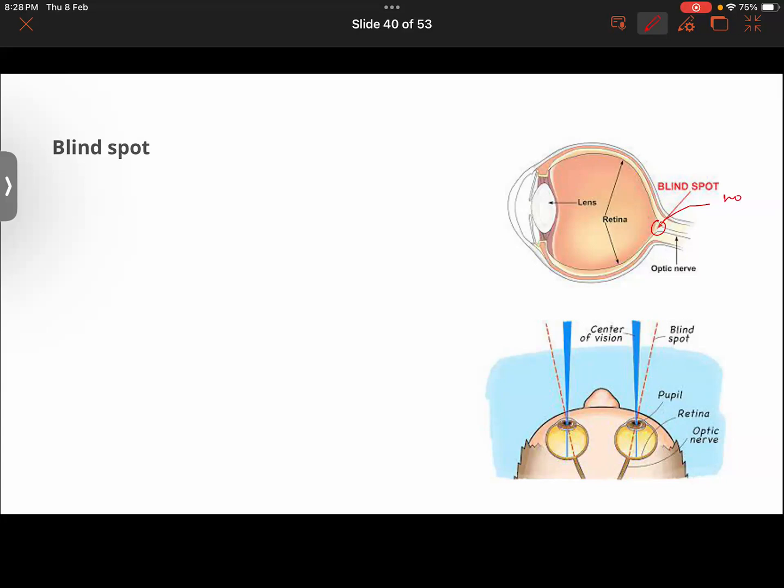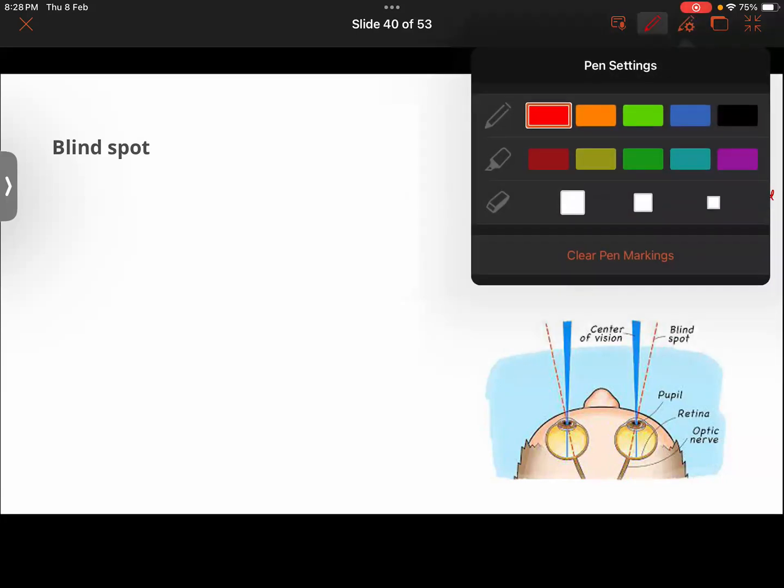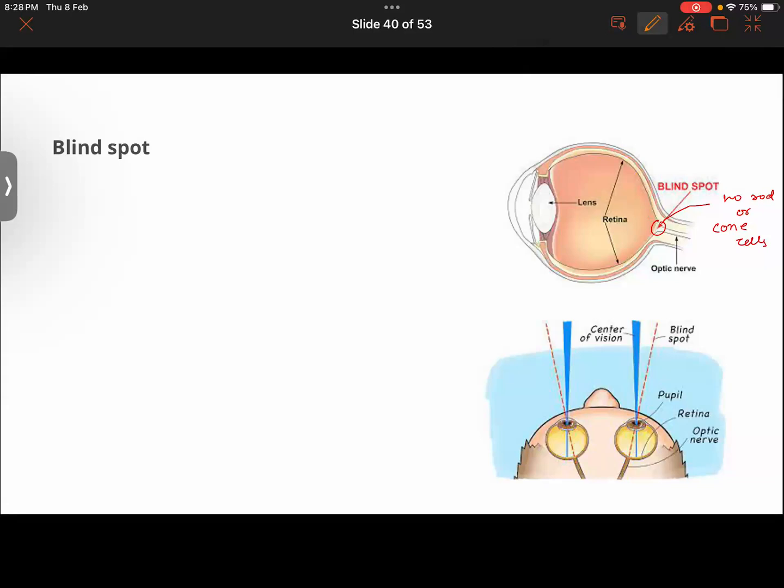So there are no rod or cone cells, and thereby the light will not be caught. So when an image of an object is formed at the blind spot, it cannot be seen by the eye. The blind spot is not sensitive to light because there are no light-sensitive cells in this part. Getting it now?